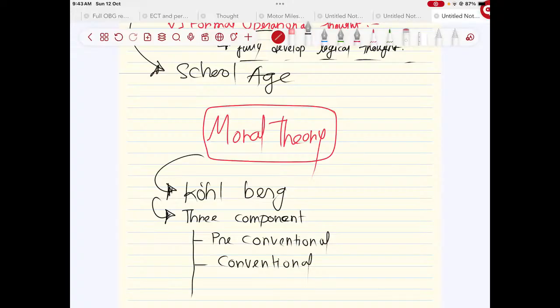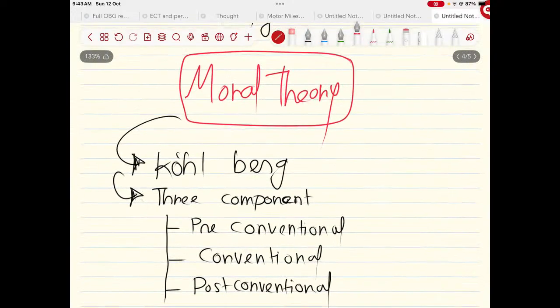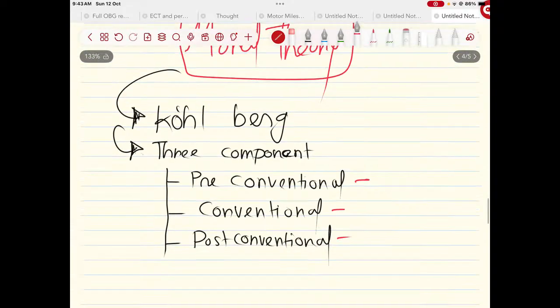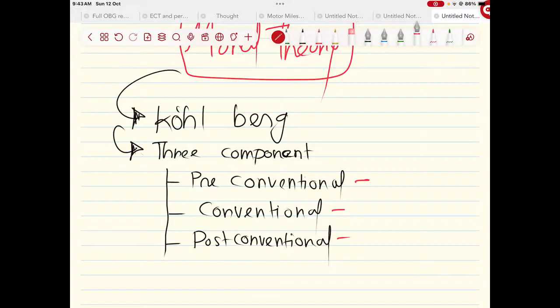The last one, post-conventional. So what do you mean? Pre-conventional is where the patient gets rewarded. So what is the age? I will just write below. Wait just a minute.